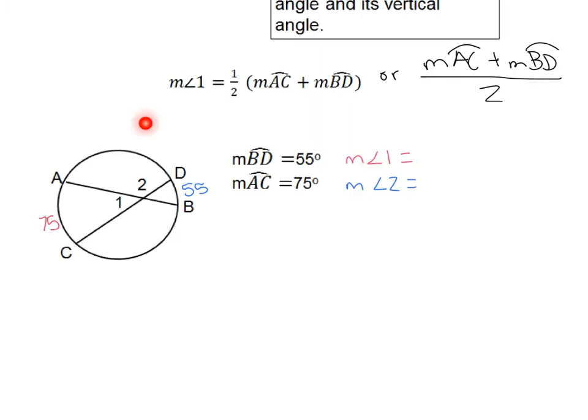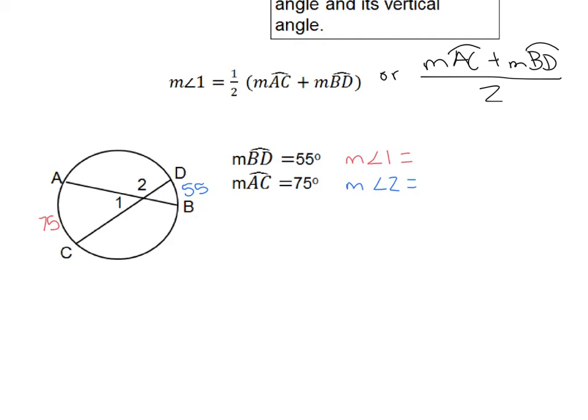All right, so looking at our first example here, we are given the measurement of arc BD is 55, and the measurement of arc AC as 75. And we need to find the measurement of angle 1 and angle 2. So, because angle 1 is an interior angle, and it's intercepted by these 2 arcs, I'm going to find that one first.